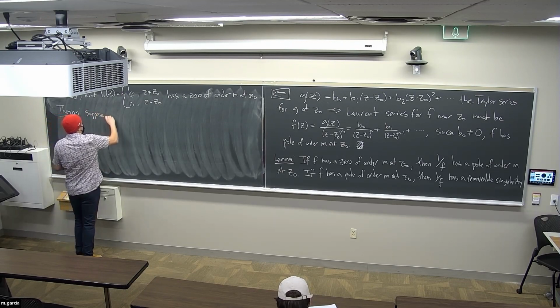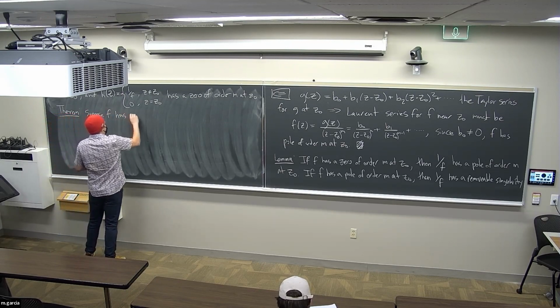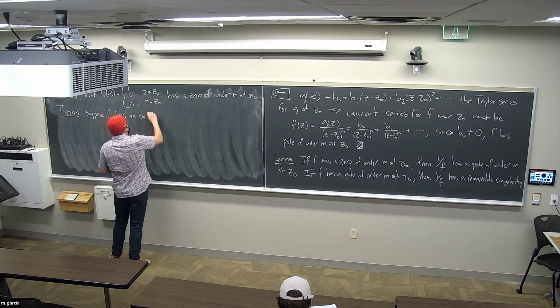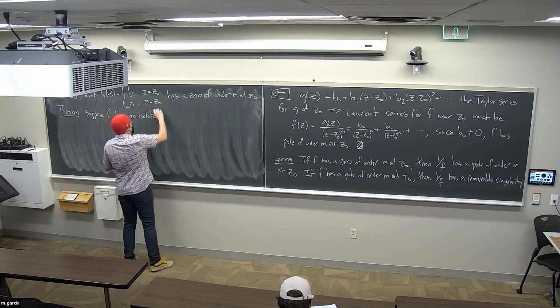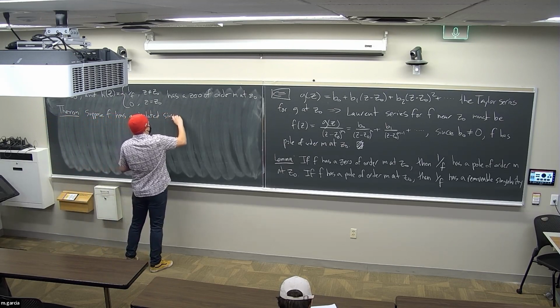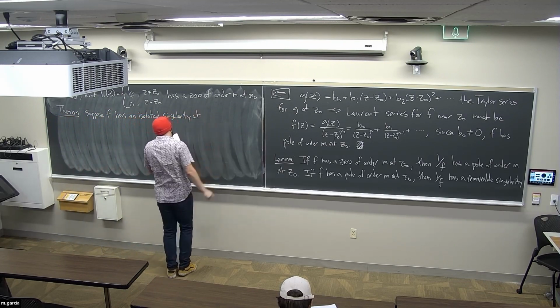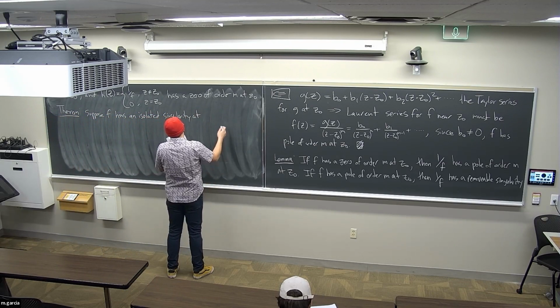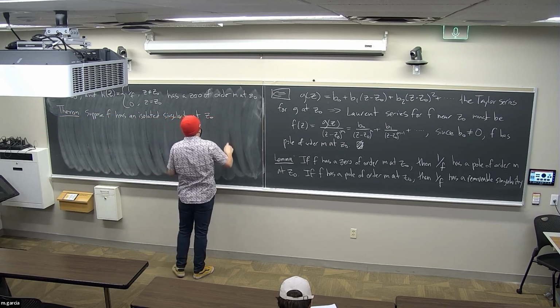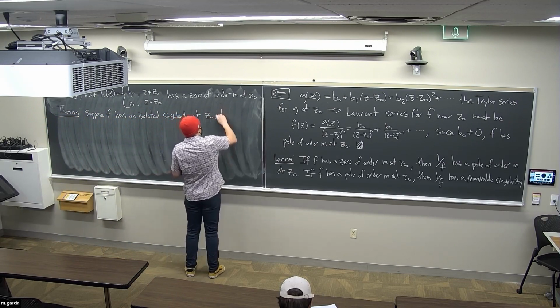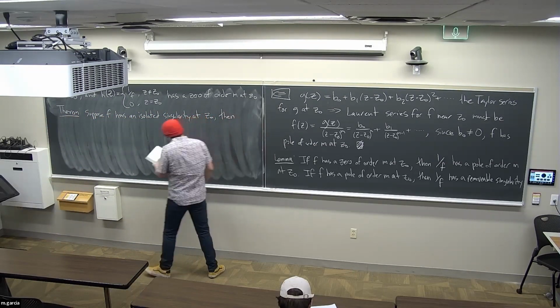Let's suppose f has an isolated singularity at z naught. Then we can say a lot of things.